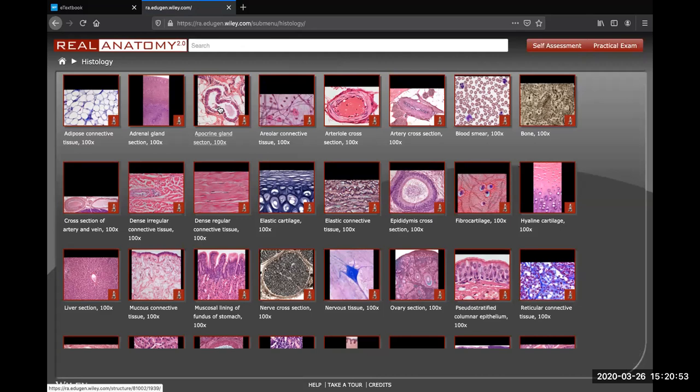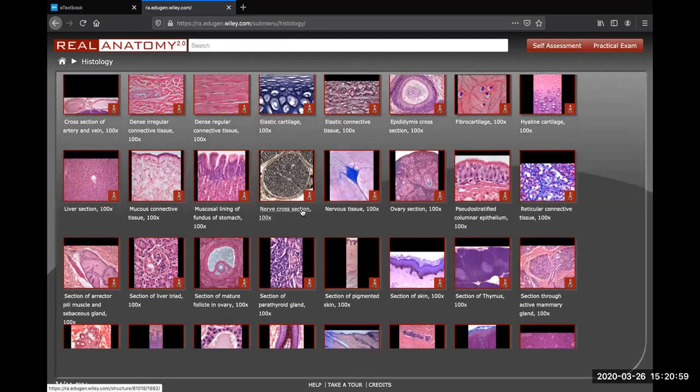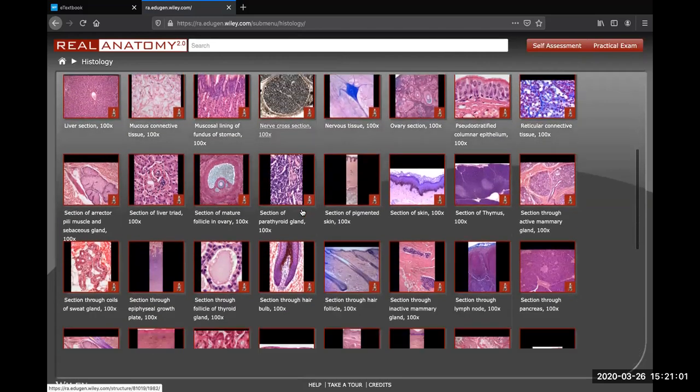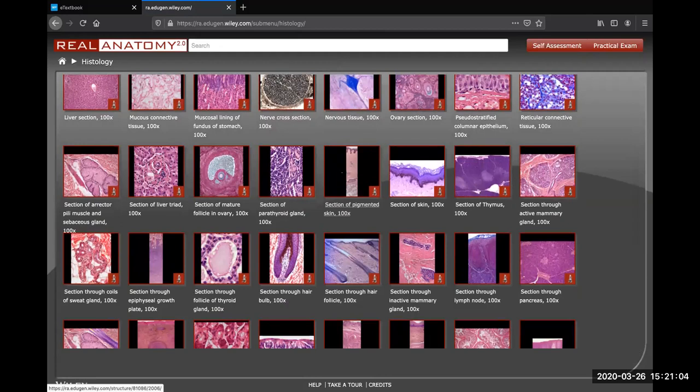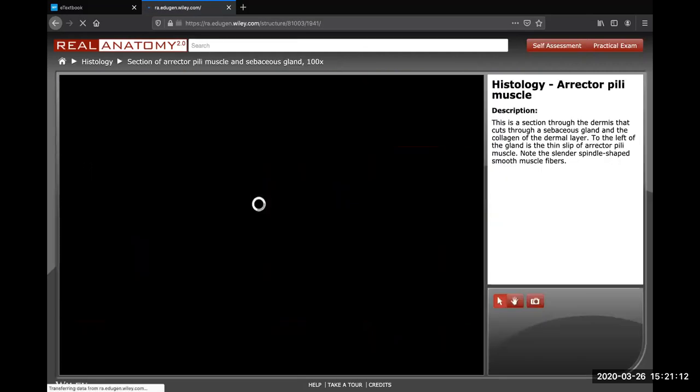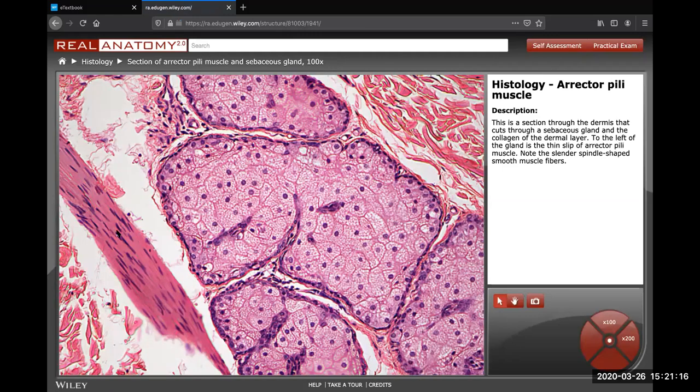An apocrine gland, we're going to get there. Section of pigmented skin, I didn't see that, that's cool. Erector pili muscle and sebaceous gland, neat. So this must be the erector pili muscle.